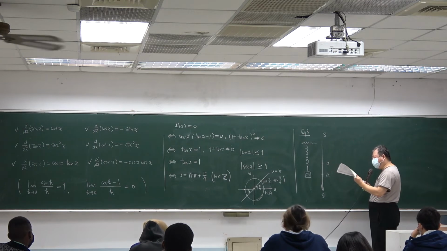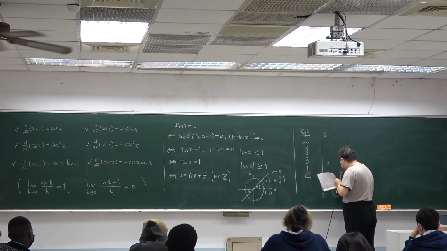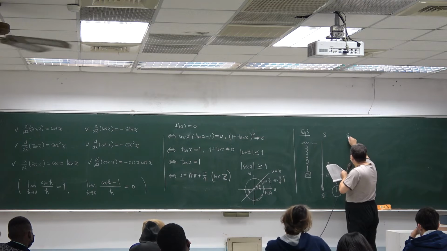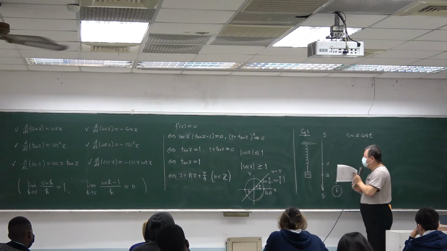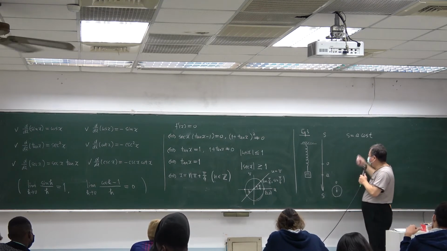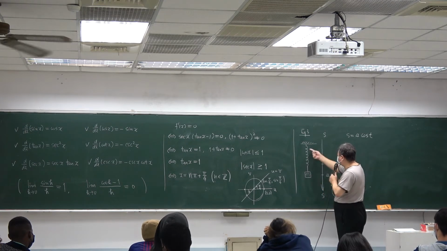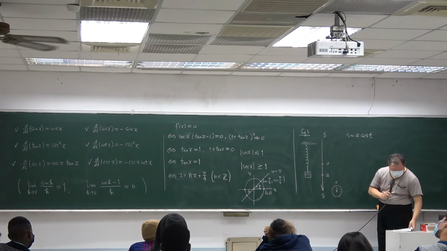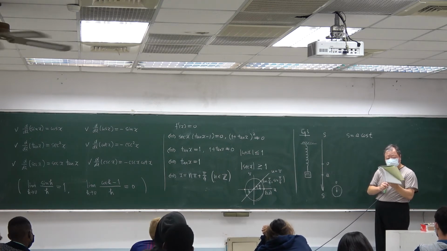Its position at time t is s equals 4 cosine t. When t equals 0, cosine 0 is 1, so s equals 4 here.